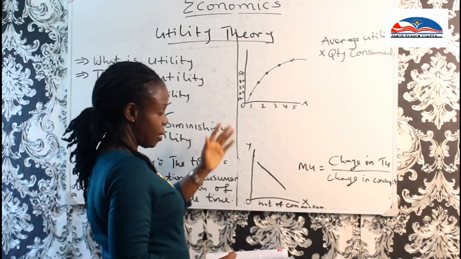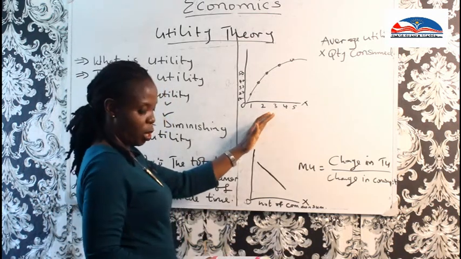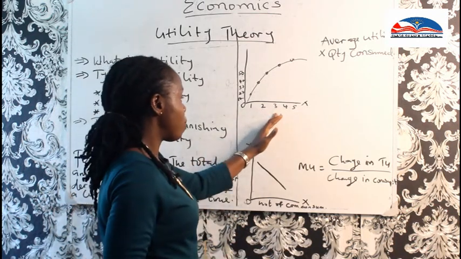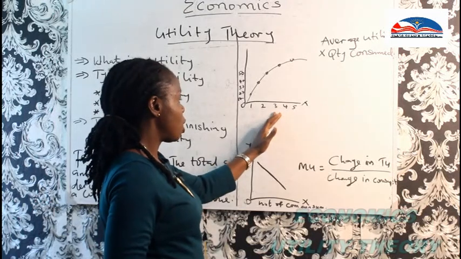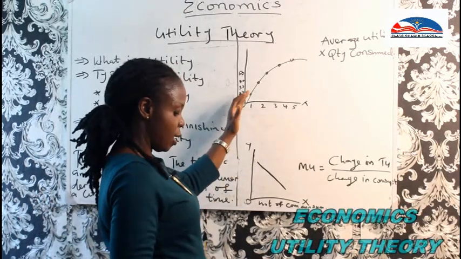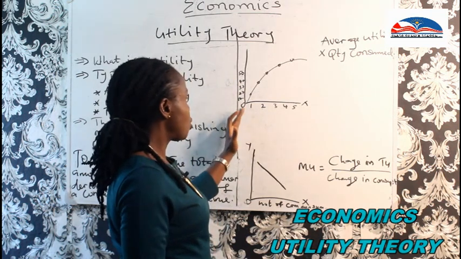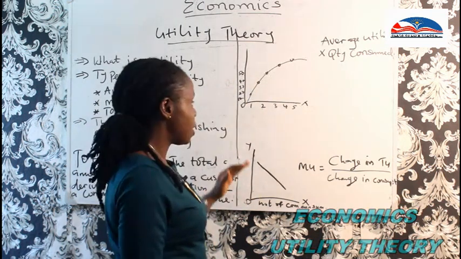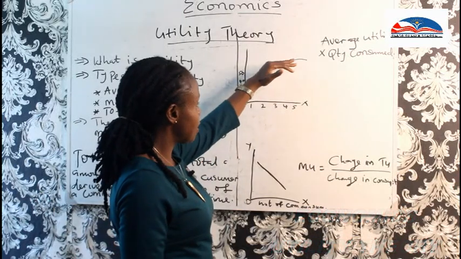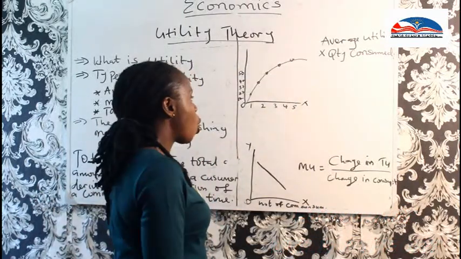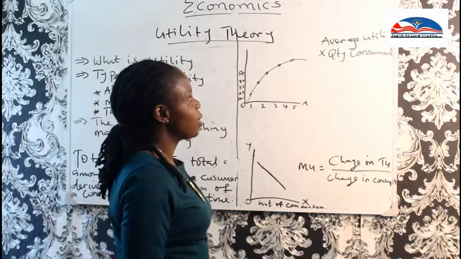In the x-axis, we will have the units of consumption, and here we have the units of utility. So you see how it goes up because of the happiness. He takes one, he takes again, it's going up. What's the formula for it?